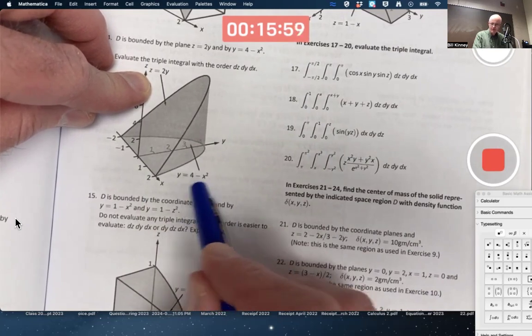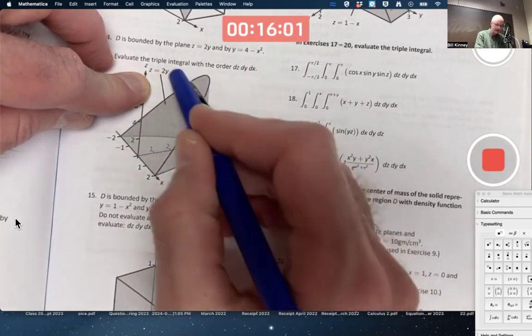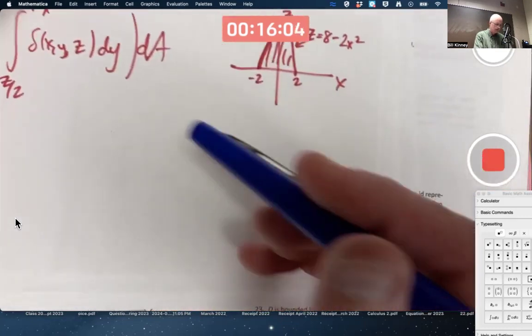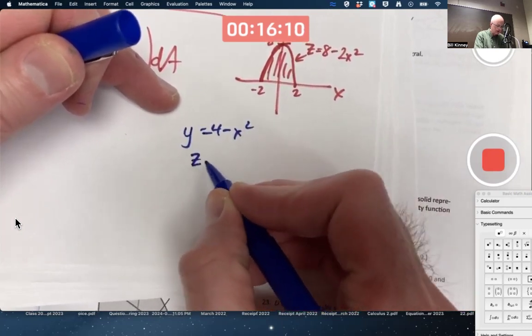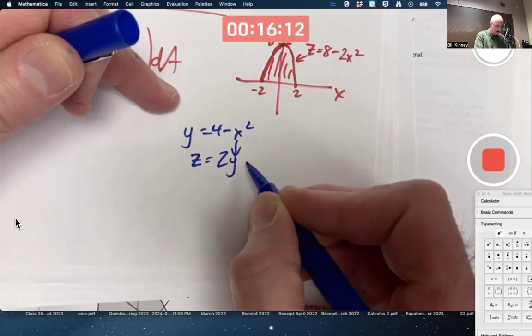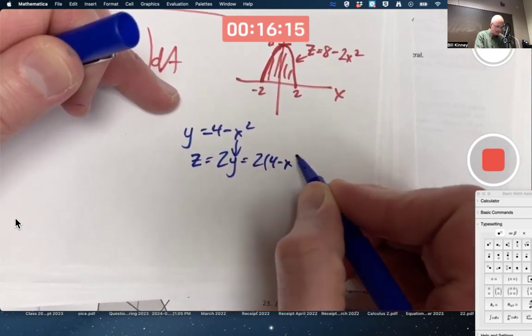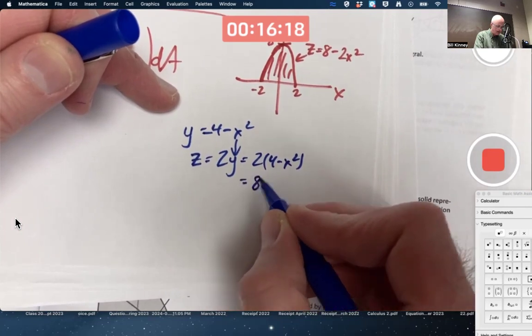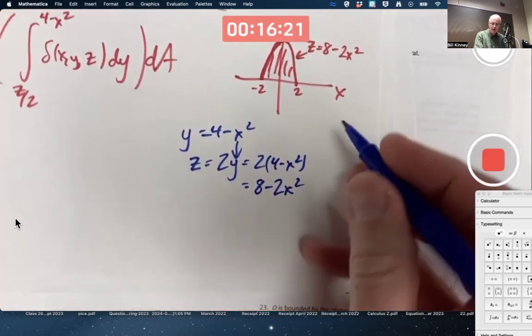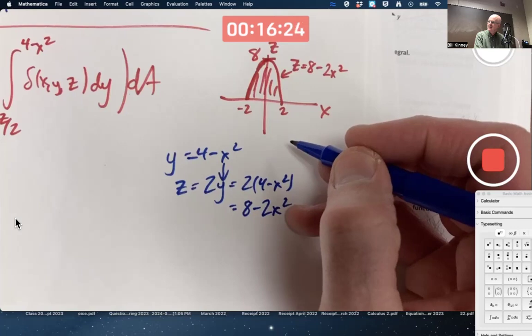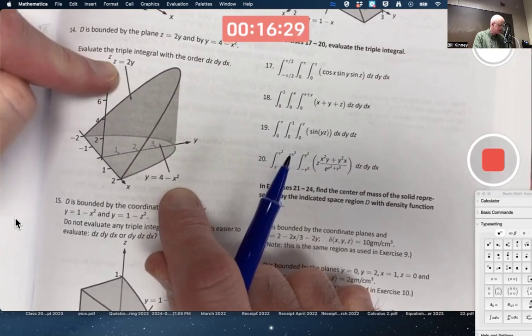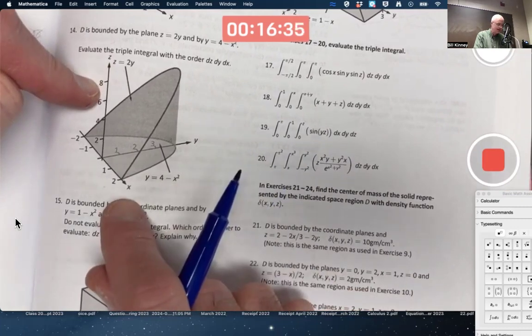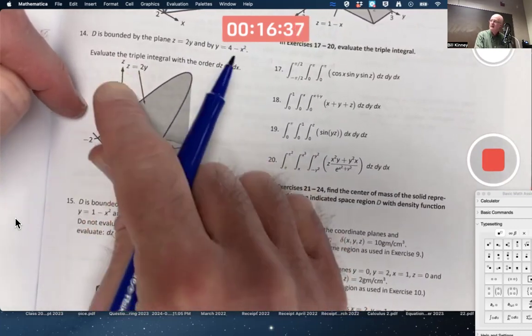If you take the equation y equals 4 minus x squared and substitute it into the equation z equals 2y in place of y, you get this, which is the equation of that parabola. Along this curve, both equations are satisfied, which means z does equal 8 minus 2x squared. And by ignoring the y, effectively, I'm looking at the shadow of that on the xz plane.